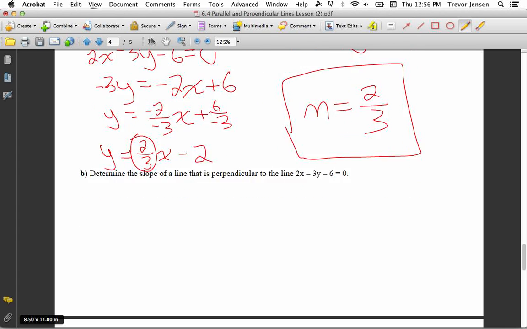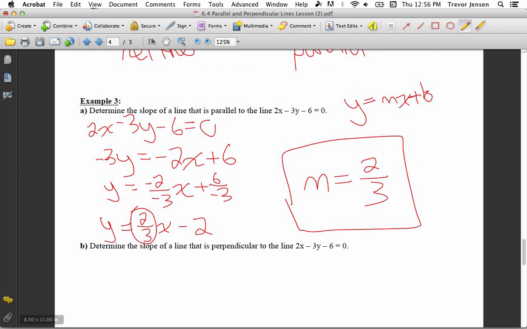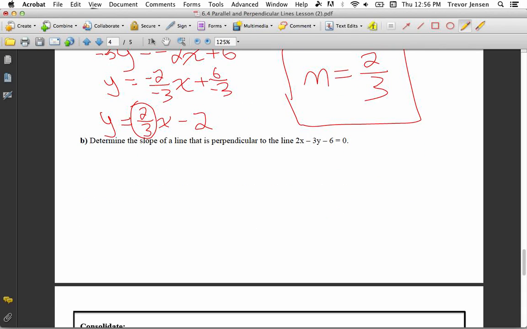Okay, let's do B. Find the slope of a line perpendicular to that line. If the slope was 2 over 3, I've already rearranged it, I don't have to rearrange it again. If the slope was 2 over 3, a line perpendicular to that would have a slope that is the negative reciprocal of this, so I must flip the fraction and change the sign.